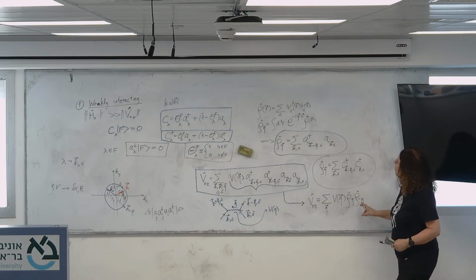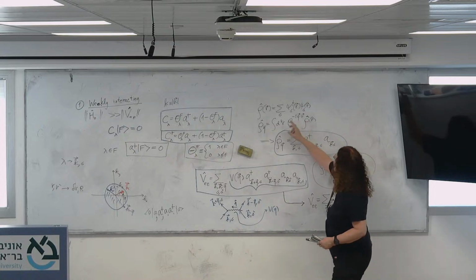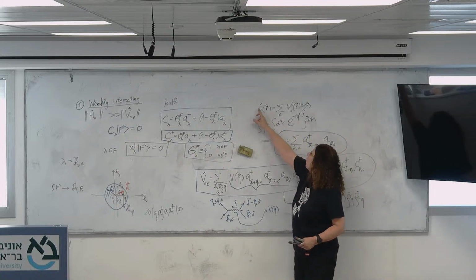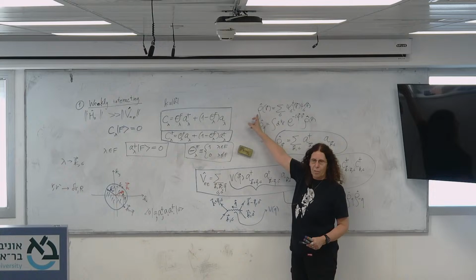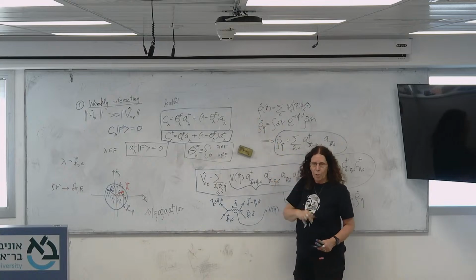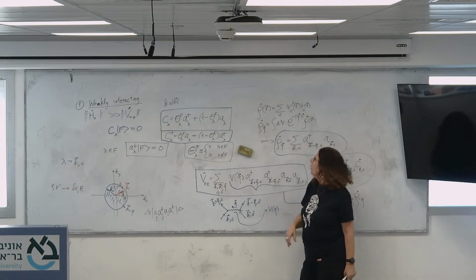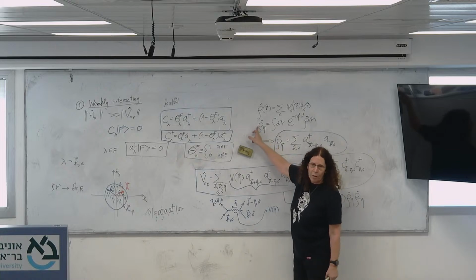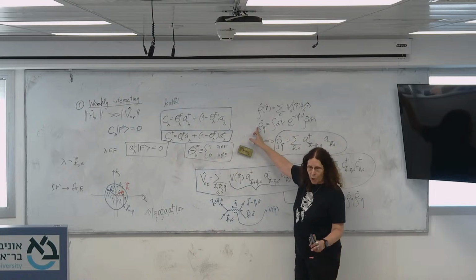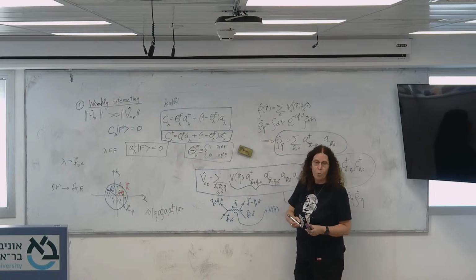By the way, there's something I forgot to mention, and we have already seen it. Rho of R is a density operator. It's a Hermitian operator. Therefore, what can we say about its Fourier component? Remember? It's not Hermitian, but it does obey some property that we have seen.